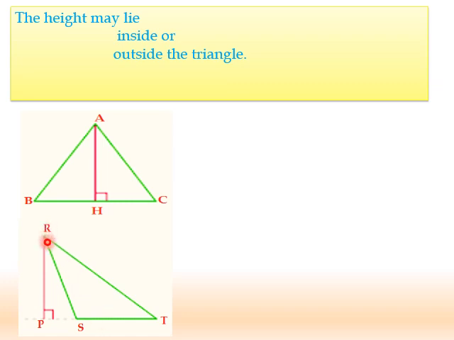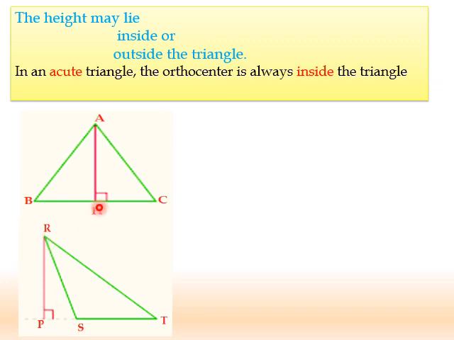Simply because from R, if I draw a segment here, I can't draw a perpendicular to ST and find it inside the triangle. So we elongate the line ST to reach a point from which we can draw the perpendicular from R, RP.